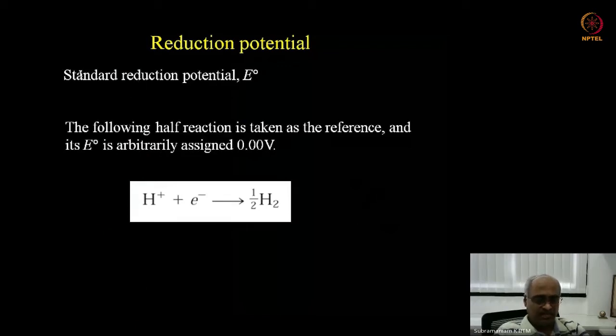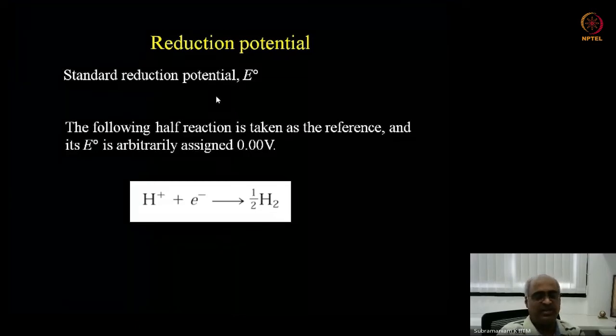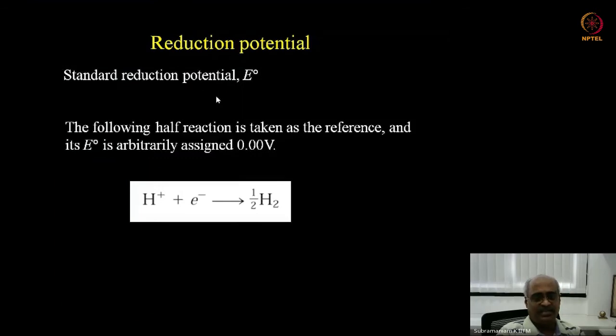Within reduction potential, we define a term called standard reduction potential. Standard reduction potential means when everything is at 1 molar concentration at temperature 25 degrees, and if it is a gas, it is at a certain partial pressure, which is taken as the standard. That value will be there when we look at the fuel cell in the next slide.